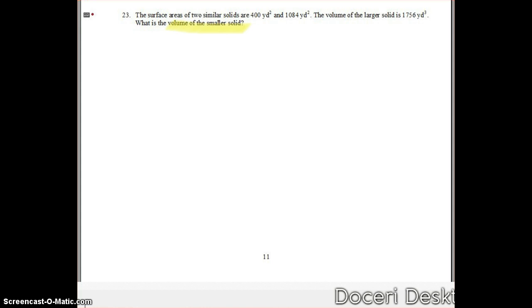So I'm going to first take my area, and I know that that's equal to a squared over b squared, which is 400 over 1084. And this is going to represent the ratio.